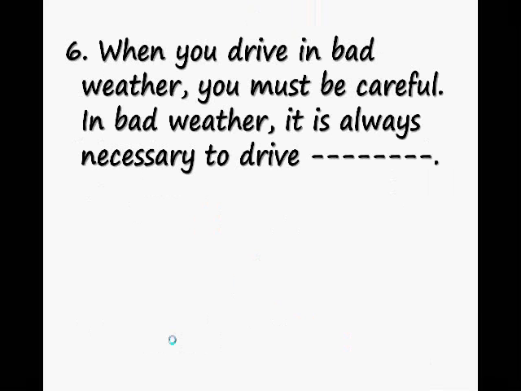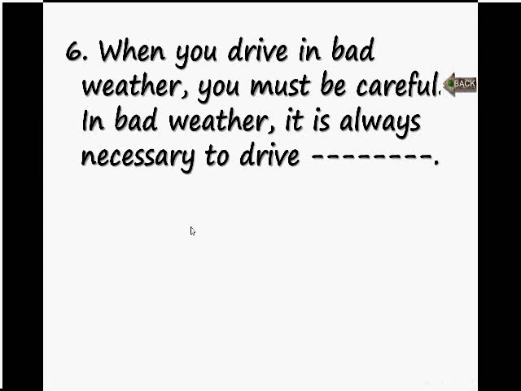Okay? Number 6, when you drive in bad weather, you must be careful. In bad weather, it is always necessary to drive. So of course here you have to look at the key word here, which is careful. And definitely careful is an adjective. Yeah? So it's always necessary to drive what? How are you going to drive?